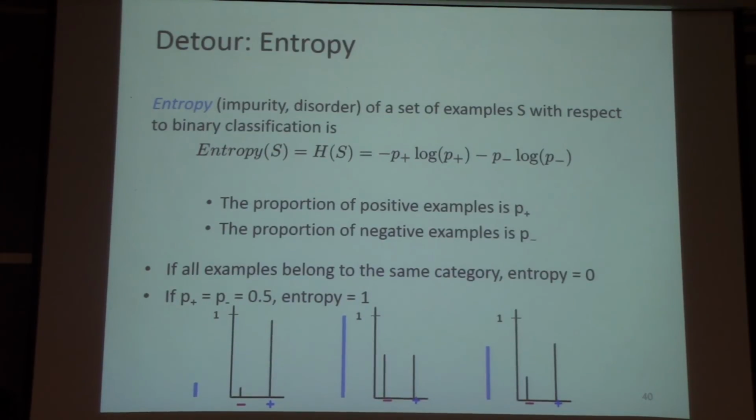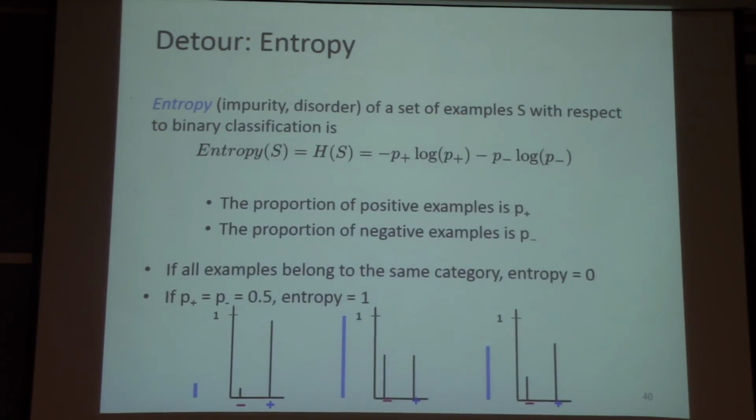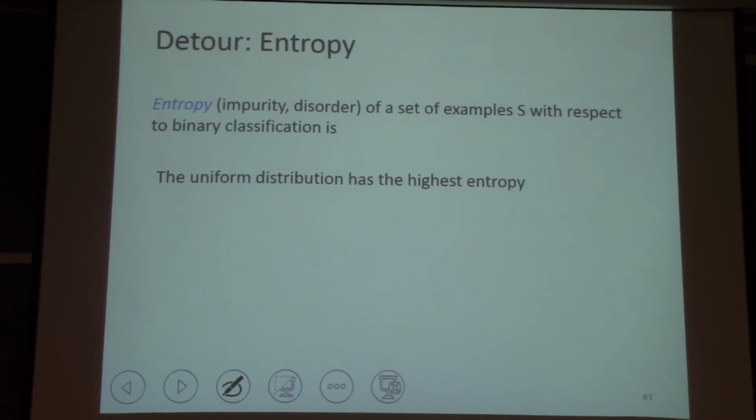If you have more uncertainty, the entropy increases, and the maximum entropy is when you have maximum uncertainty. The uniform distribution has the highest entropy, and this is true not just for two classes, but when you have more labels as well. This can be generalized to real numbers, but let's not worry about that.